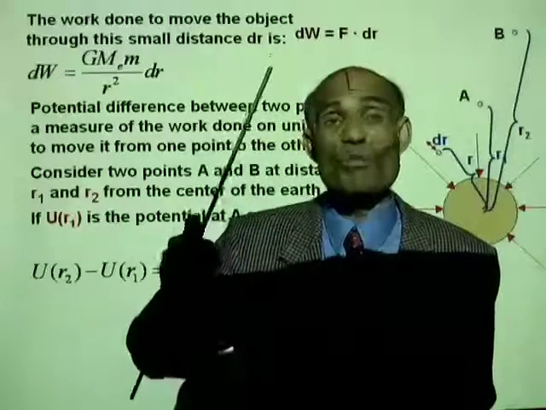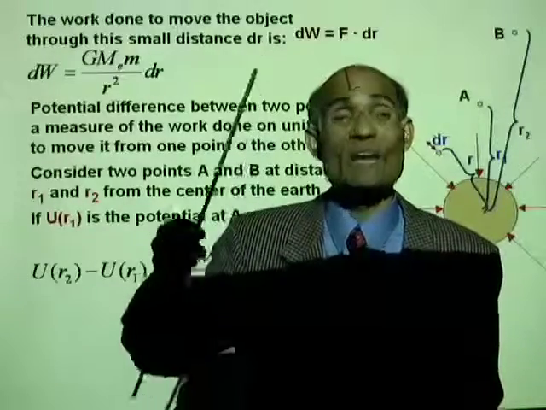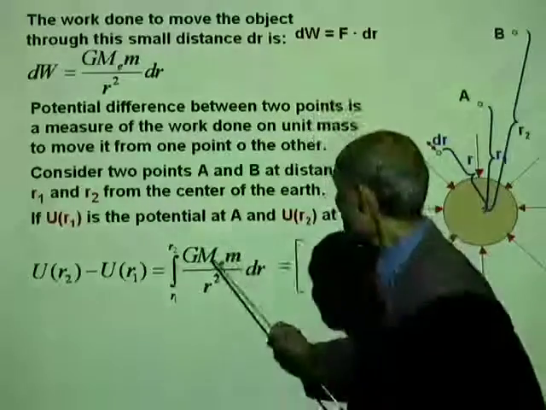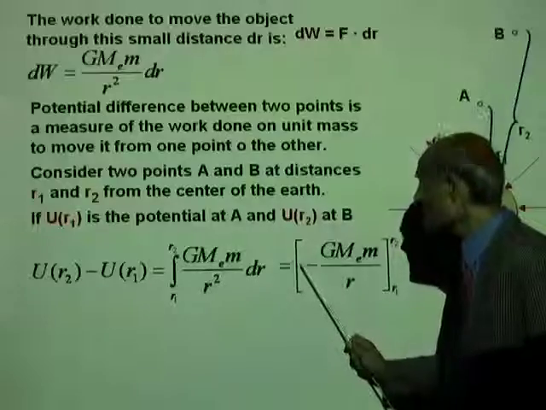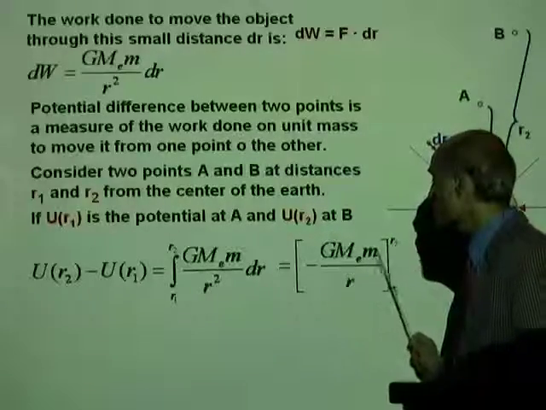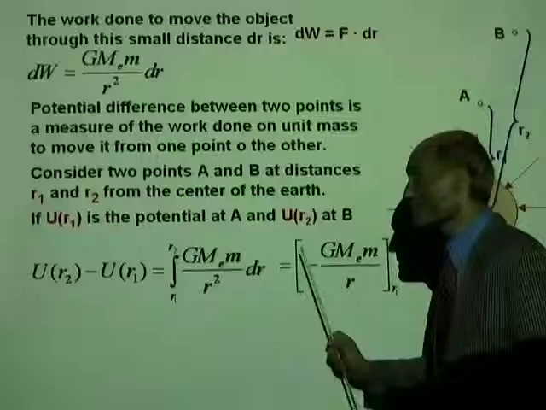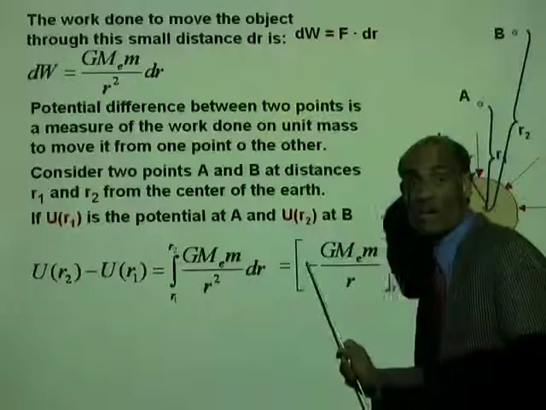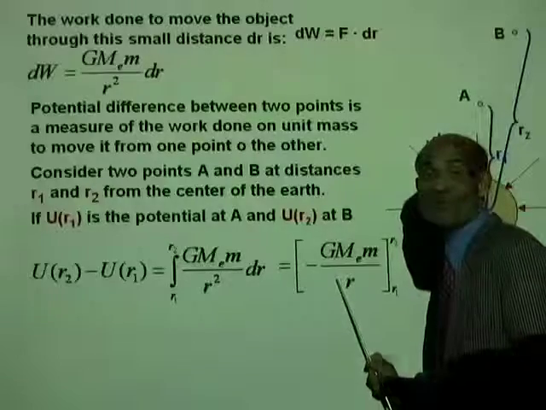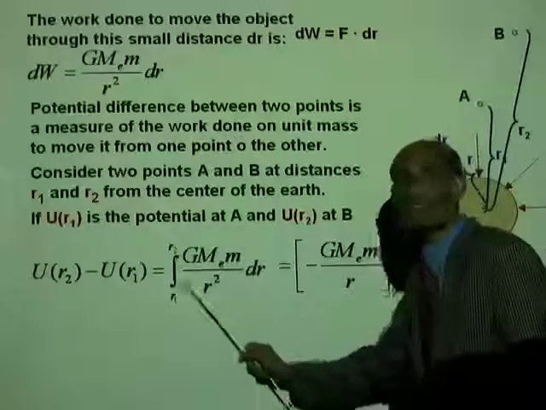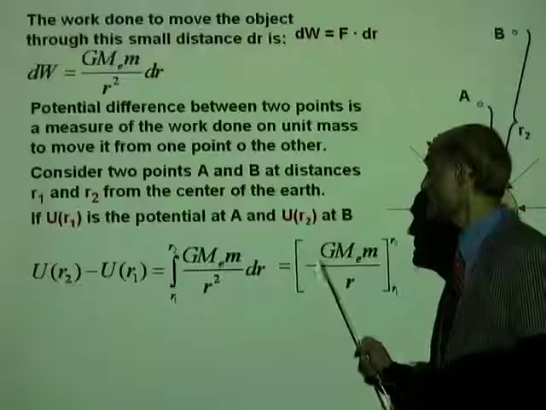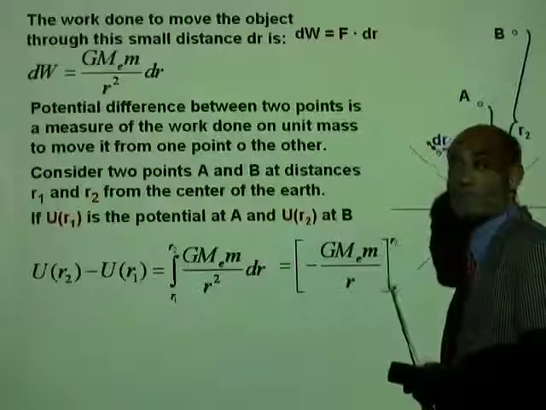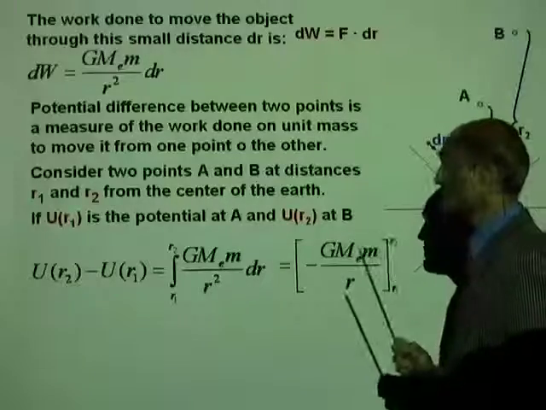The integral of 1 over R squared dr is negative 1 over R. So this integrated gives me negative G M_E M over R, with the limits from R1 to R2.